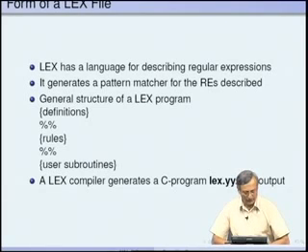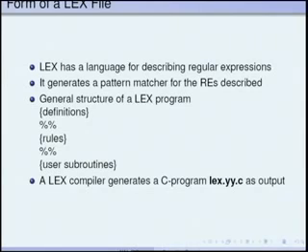Then we have some user subroutines which are supplied by the user, and a LEX compiler generates a C program called lex.yy.c as its output, and this can be used either by a parser or it can be used on its own. So, we will look at 2 examples where it is used as a function by the parser and another example where it is used as a standalone program.